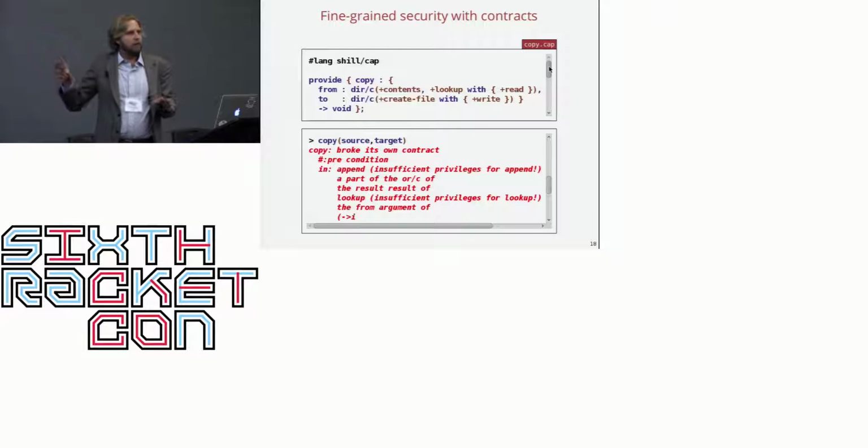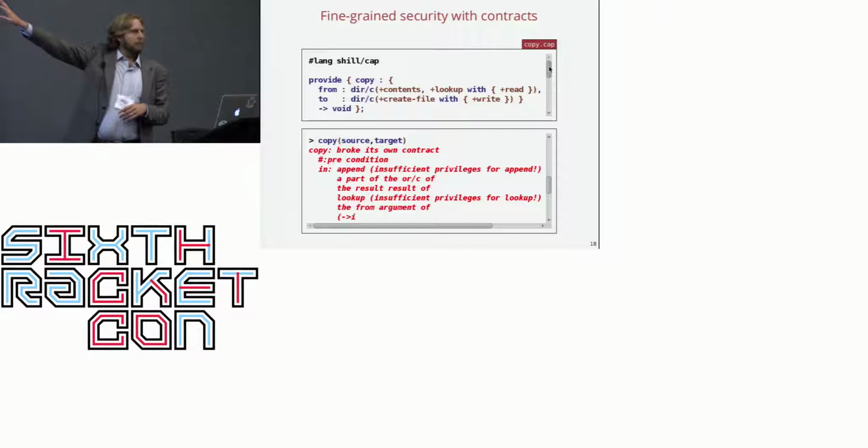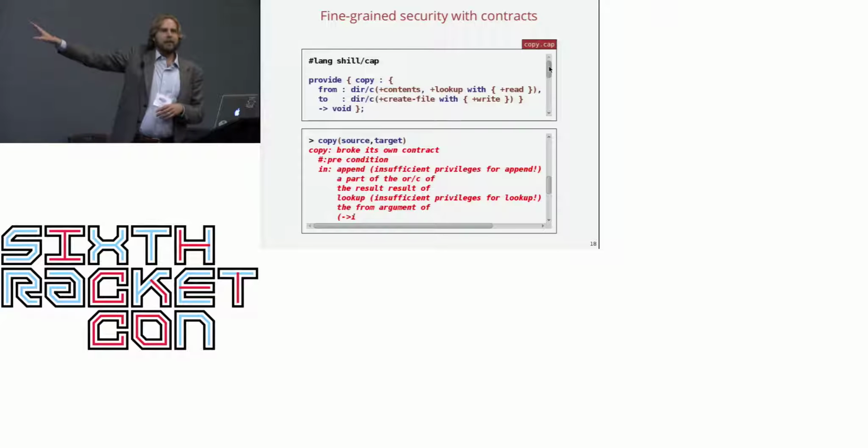And the thing that makes all of this work is the fact that, like I said before, these scripts don't have any capabilities by default, right? Which means all of the capabilities they get, they must actually receive as arguments from somewhere else in your program or from the REPL where you actually create them in the first place. And so that means that this contract actually tells me everything I need to know about the security of this function, right? Because those are the only capabilities it gets. That's all that it can do with them.